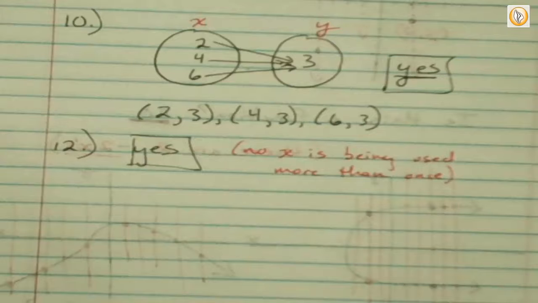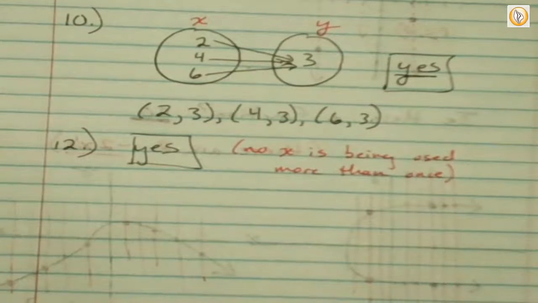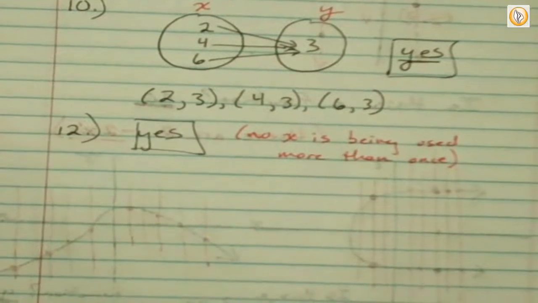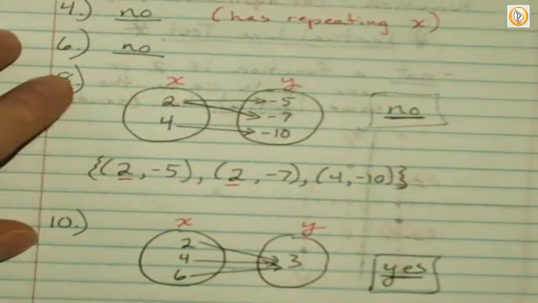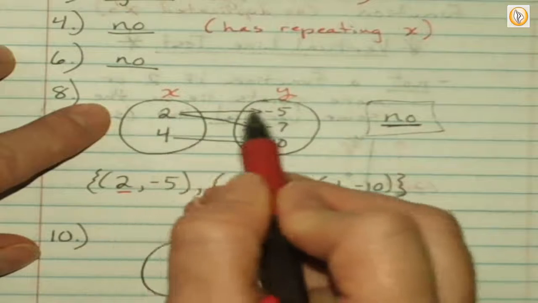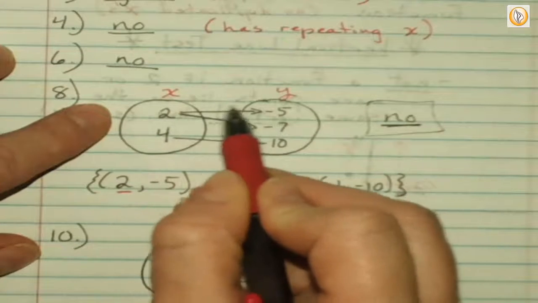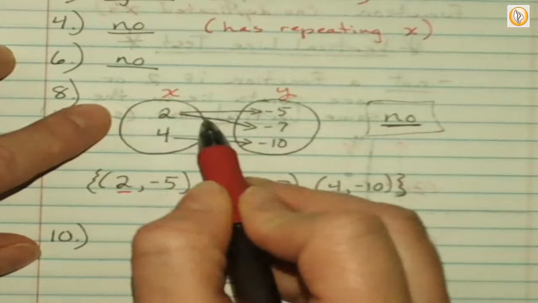Does that help, Whit? Kind of. So basically, if on the x side, if like two of them or however many are going to the same y. No. Wait, what? Look, see this? See how there's two arrows going from the same x? Yeah, that's what I meant.